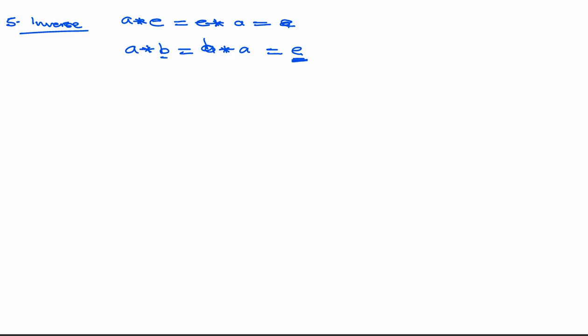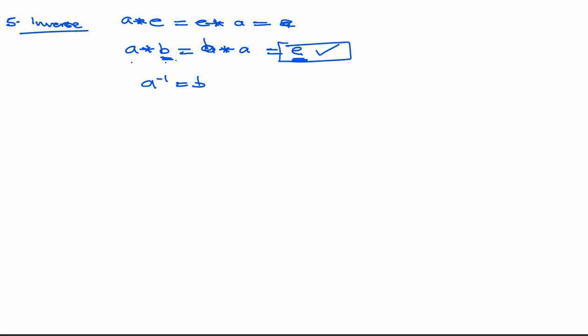Just understand that B is an inverse of A. So we can write the inverse of A is equal to B, and this is satisfied when A star B is equal to B star A, giving an identity.